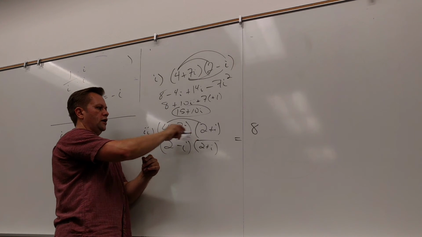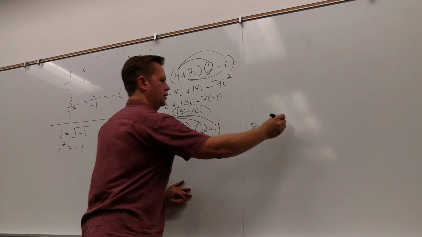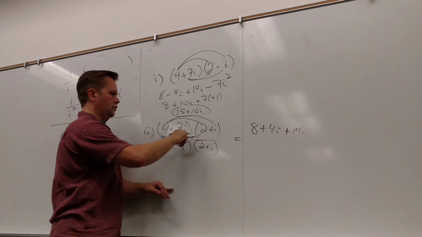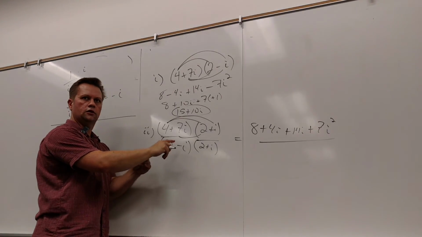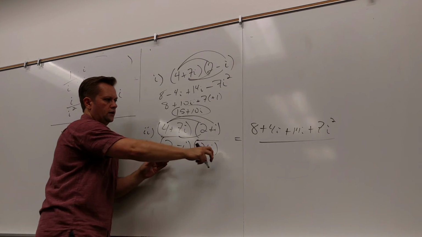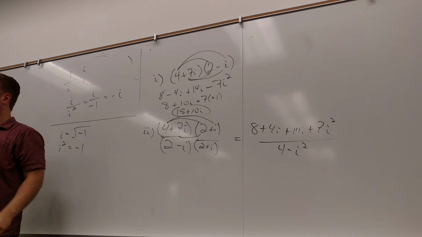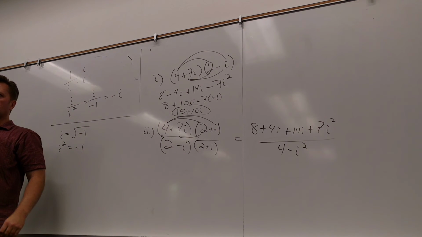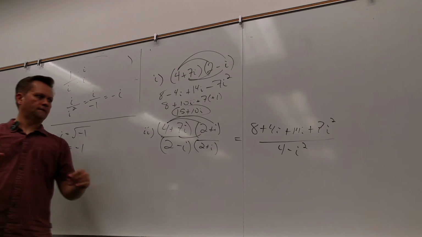Oh, okay. So you get 8 plus 4i plus 14i plus 7i squared. On the bottom, it should be easier. 4 minus 8, minus i squared, because the middle terms cancel. We forced it to have that happen. Don't always skip the middle terms, only when you know they're going to go away.